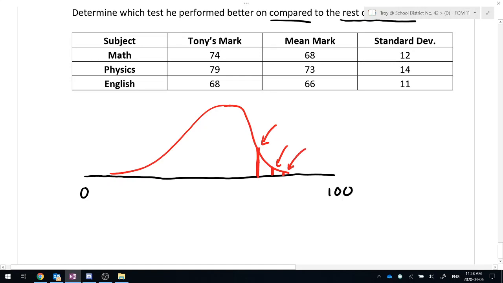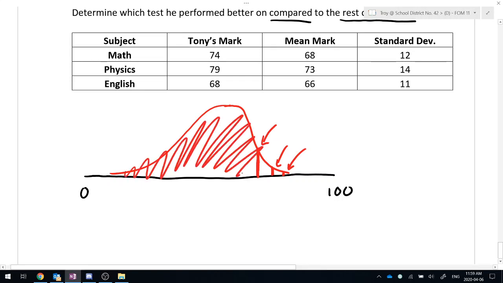The farther to the right he is, the more standard deviations away to the right from the mean he is, the better he did than the rest of his classmates, which would be over here. Okay, so we want to find the class that Tony had where he scored the most to the right, because that means he would have done better than most of his classmates.